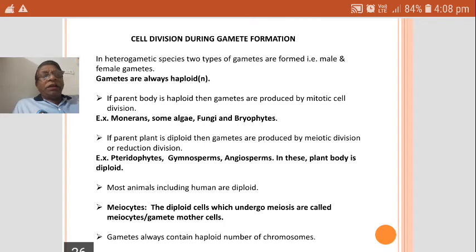Naturally, the chances of meiosis is not there. So the antheridial gametes are formed by repeated mitotic division.